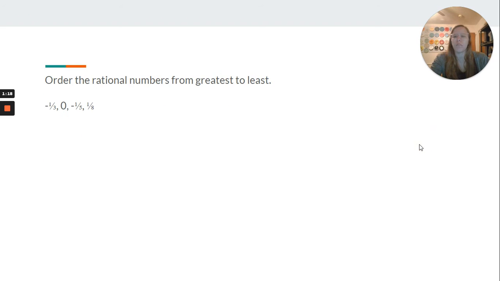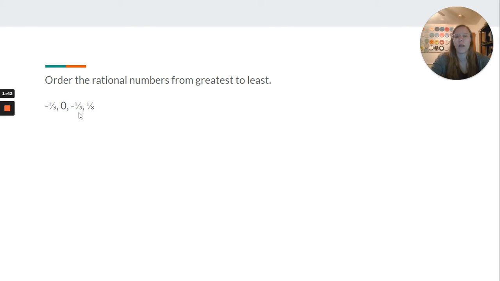Okay. Next, order the rational numbers from greatest to least. So what's our biggest number? Well, we have 2 negatives, so it's not going to be either of those. Then we have 0 and 1/8. So 1/8 is more than 0, then 0, and then our negatives. So the hardest part is to not just immediately think, well, 5 is bigger than 3, so 5 must be greater.